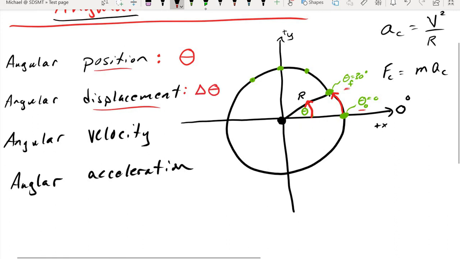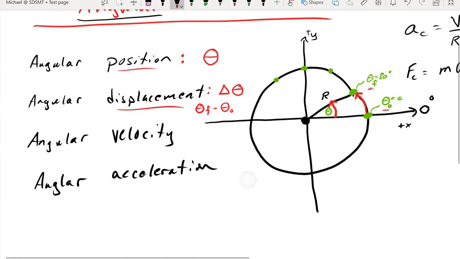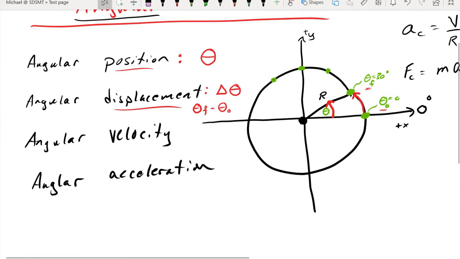And every delta is defined as a final minus an initial. And so the actual definitions that we're using for the physics have not changed. The only thing that we've done is we've put the word angular in front of everything, and we're using the angles as the measures, as opposed to some kind of physical displacement.